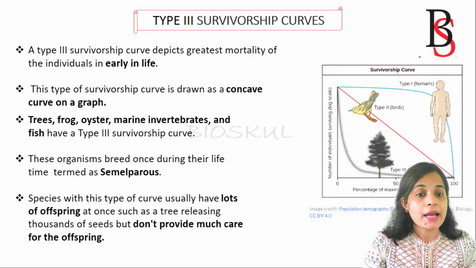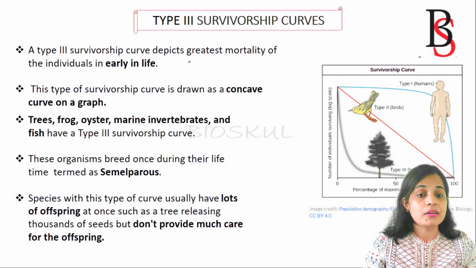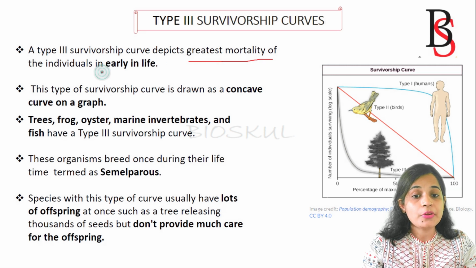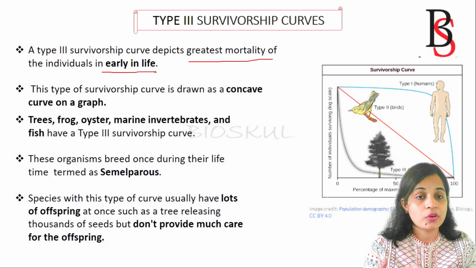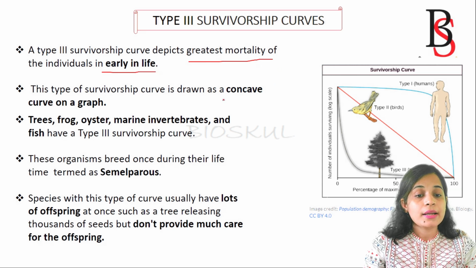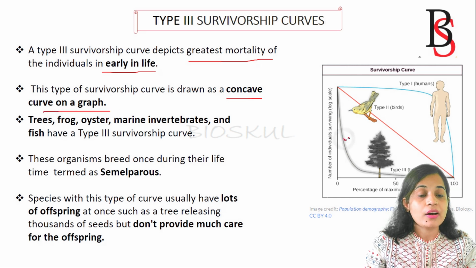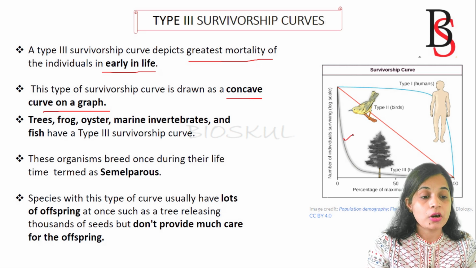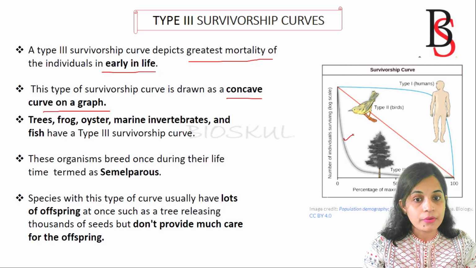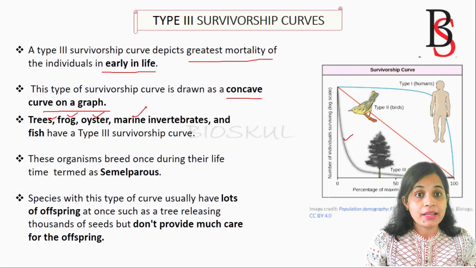So let's see type 3 survivorship curves. Type 3 survivorship curves depict the greatest mortality rate of the individuals in early life. Here the mortality rate is higher in early life and it forms the concave curve on a graph. This green one represents the type 3 survivorship curve and it forms a concave curve. Type 3 survivorship curve is observed in trees, frogs, oysters, marine invertebrates and fishes.